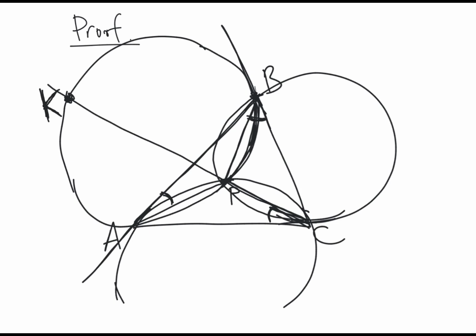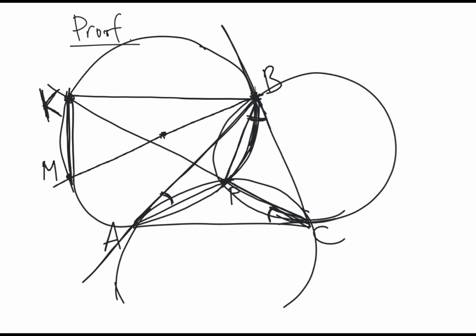And we also consider the diameter of this circle. There is a center here and the diameter from point B. So consider this point M. Now we connect this and this and this.